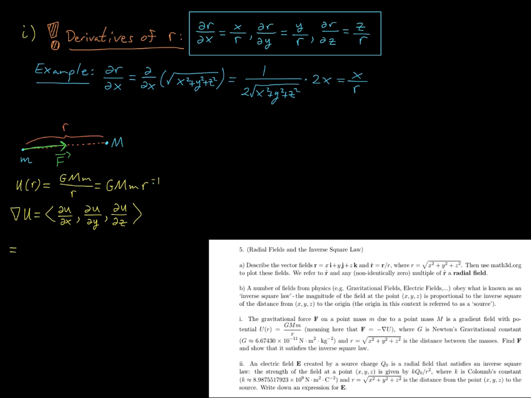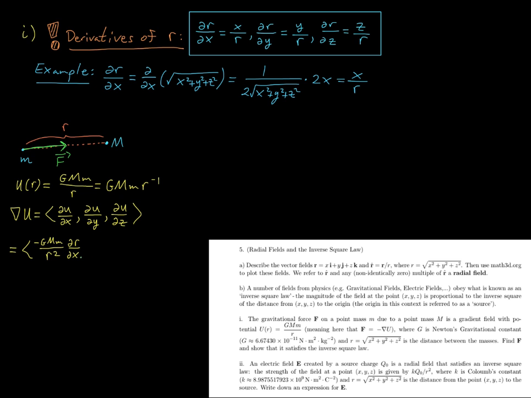To differentiate this, just use the chain rule. I'm differentiating r to the negative first, so that's going to give us negative r to the negative second, or in other words, negative GMm over r squared.